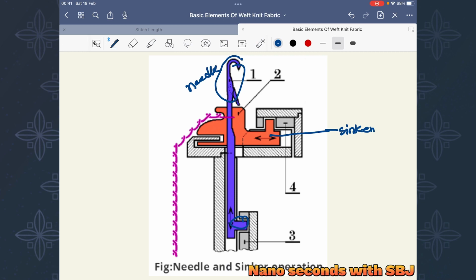This is the butt, which follows the path of the cam, and this is the third basic element, called the cam. So this is the arrangement of the primary elements in weft knitting.